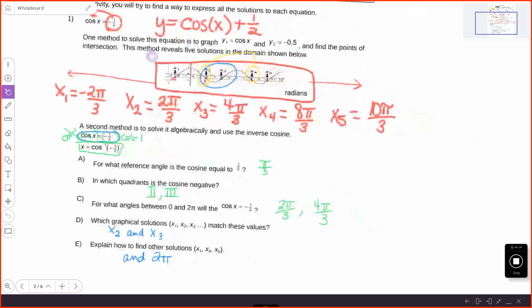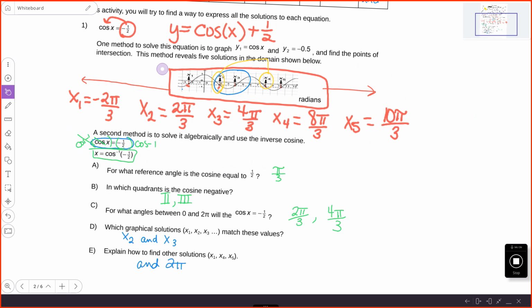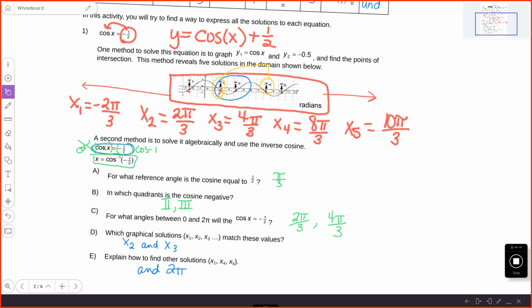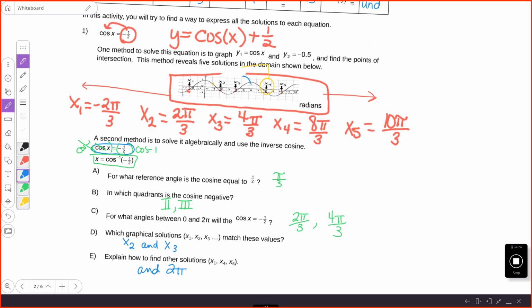So if you look at the picture on the front, my first solution that I got was 2 pi over 3, and that was x2. So that was this one, that's the one I got first.